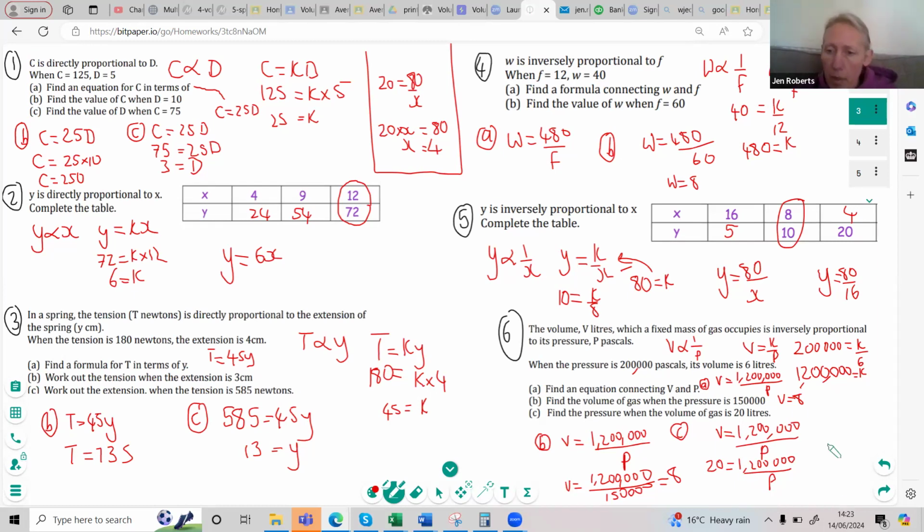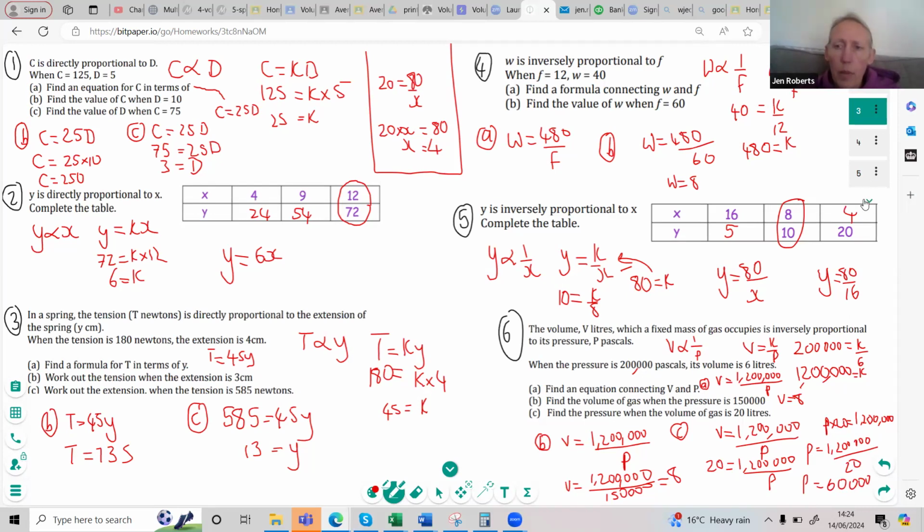Times both sides by P first. So P times 20 equals 1,200,000. Sorry, just trying to fit all this in. To get P, we need 1,200,000 divided by 20. P is 60,000.